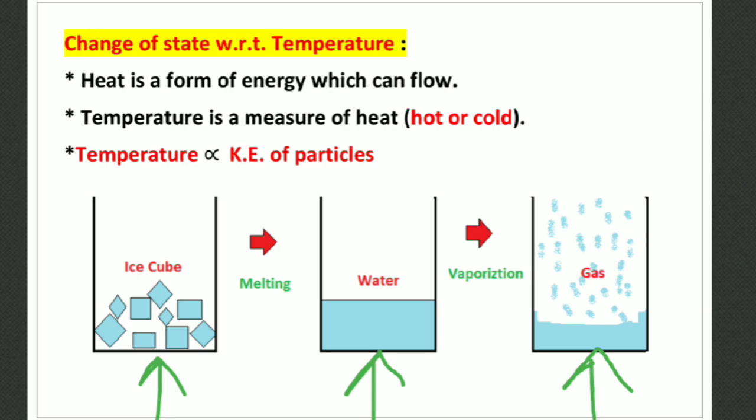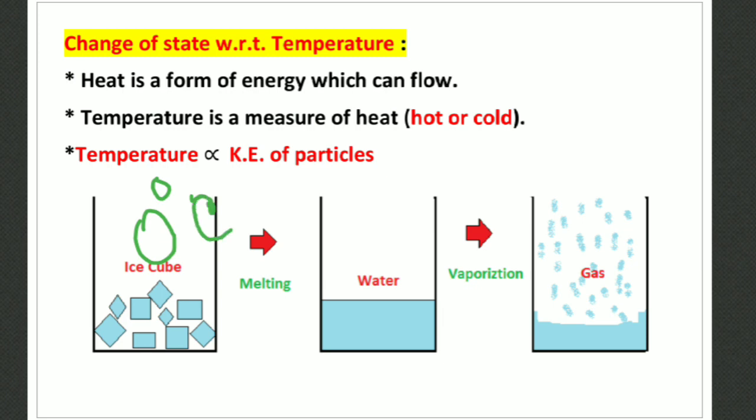When the scientists performed this activity in the laboratory, they found that the temperature of this ice cube is 0 degrees Celsius. The temperature when all the ice has converted into water or liquid state, but before warming it up, is also 0 degrees Celsius.